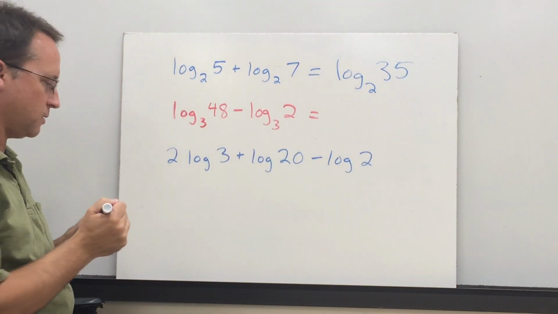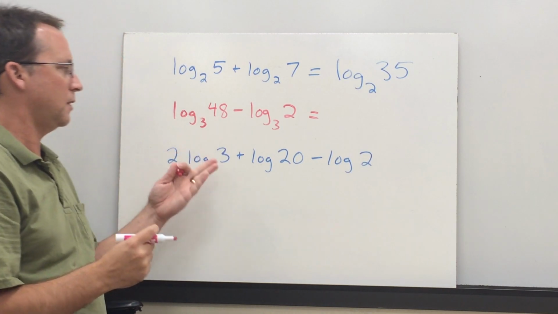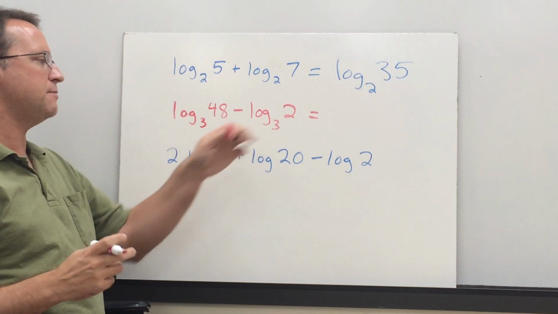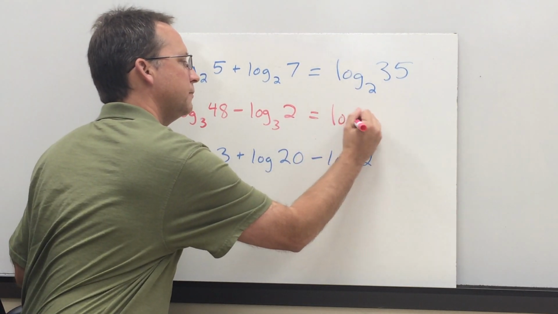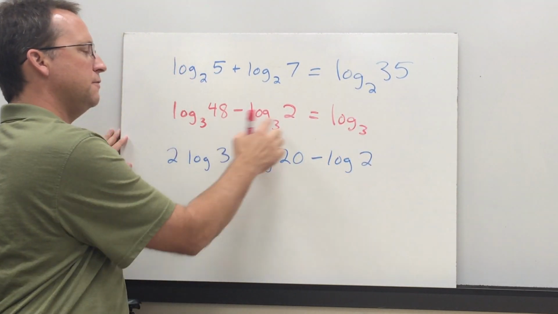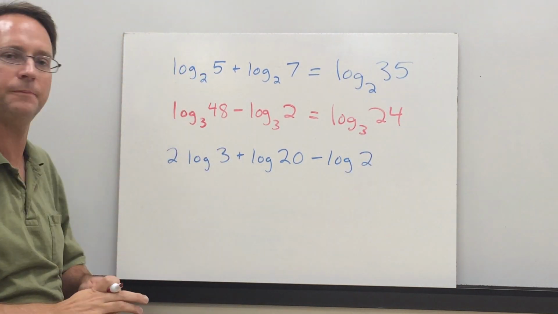So now that log expression is just a single log. Log base 3 of 48 minus log base 3 of 2. Same base. Divide my arguments, 48 over 2. And there you go.